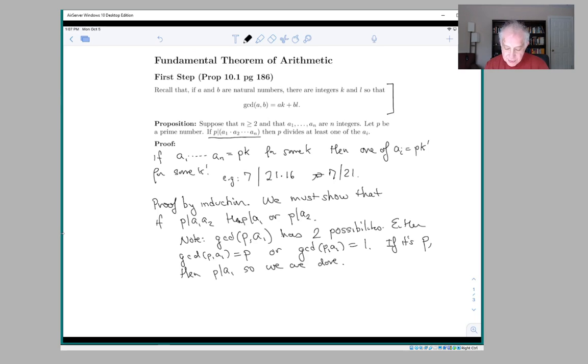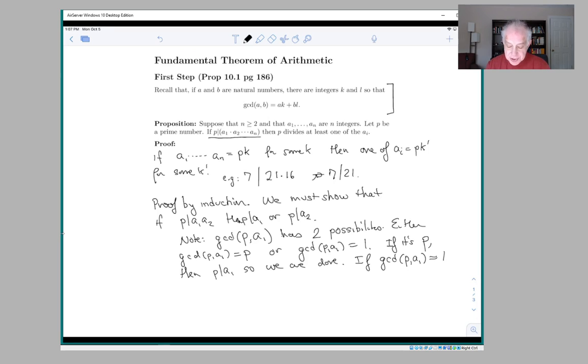If you're trying to prove an OR statement, then in the first case, we're done. But of course, the other possibility is that if GCD of p and a1 is 1, then p doesn't divide a1.